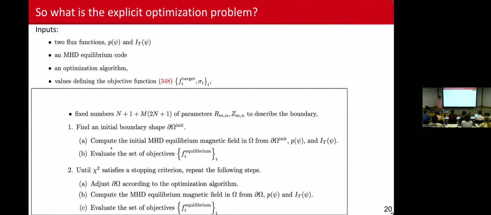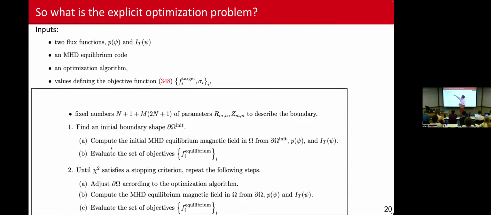Okay, so sorry for another big block of text, but I wanted to show you the explicit problem for a second. So all of this I've told you for stage one gets quite complicated looking when you put it together. You have to give a pressure profile and a toroidal current profile. You need an MHD equilibrium code that can tell you, given the shape of the stellarator, what the equilibrium is.